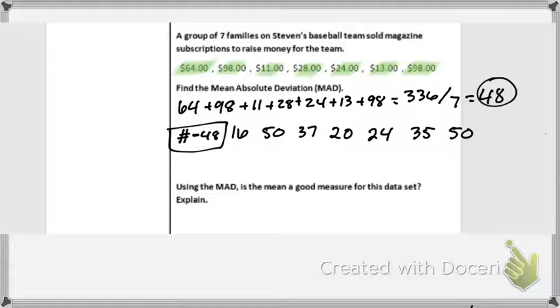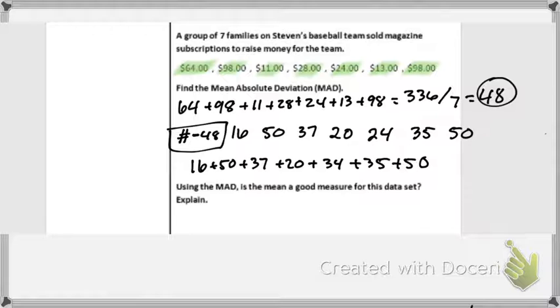Now we're going to get the mean of these, right? So we're going to get 16 plus 50 plus 37 plus 20 plus 34 plus 35 plus 50. Okay, so let's do that real quick. 16 plus 50 plus 37 plus 20 plus, oh, that's 24, isn't it? 24 plus 35 plus 50.